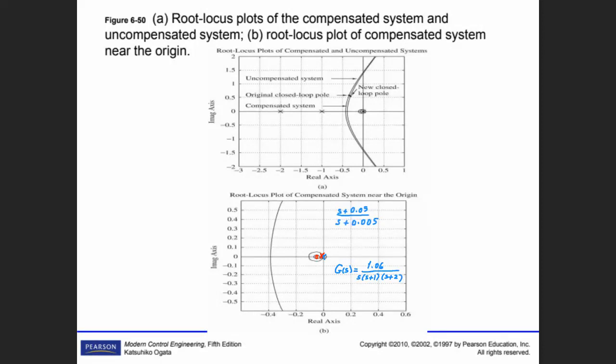So what's happening? Actually, the root locus is moving like this. And these are dominant poles, by the way, very near to J omega axis. But at the end, one of them ends up with this direction, ends up with zero.